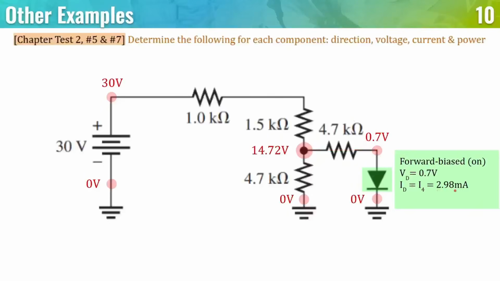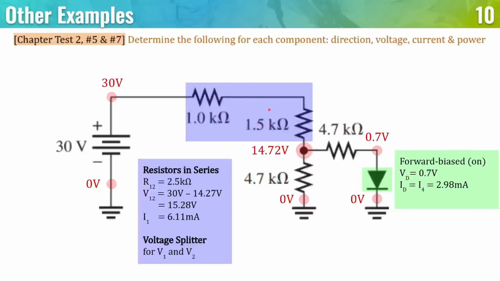That is later on revealed to be 2.98 milliamperes, so we can compute it now. We have 14.72 minus 0.7, all over 4.7. That is going to yield 2.98 milliamperes.